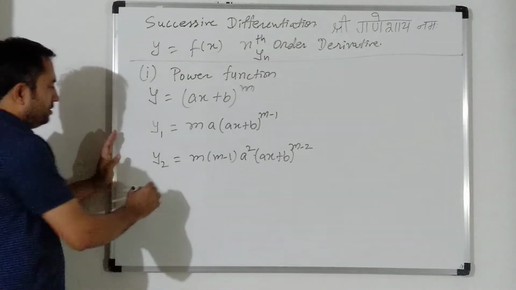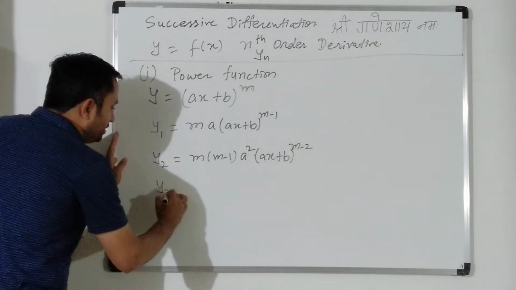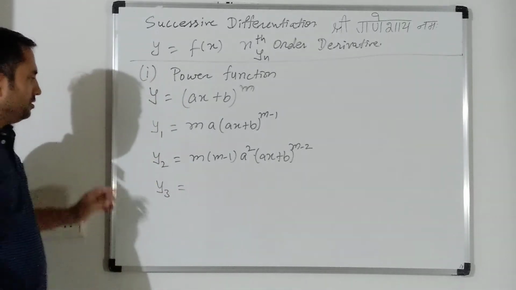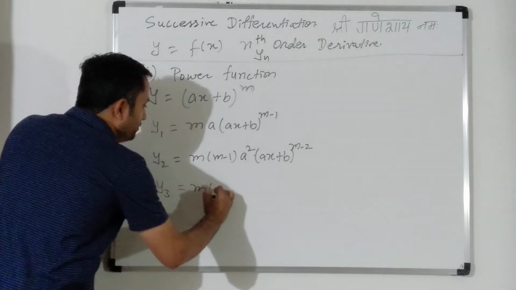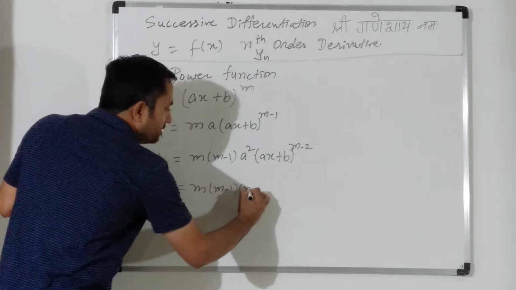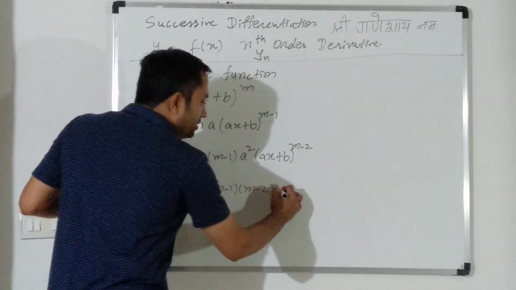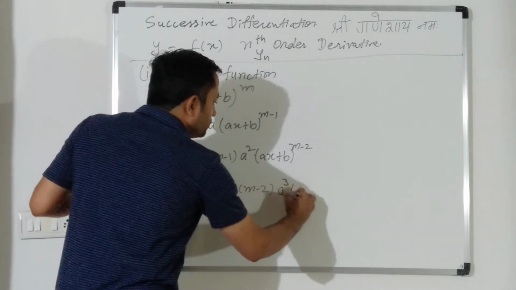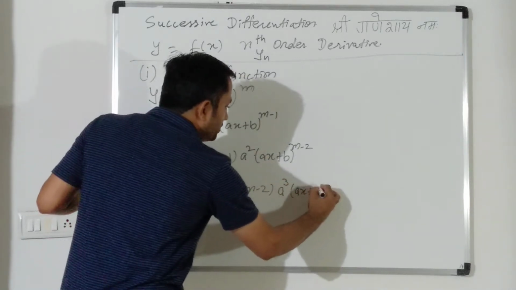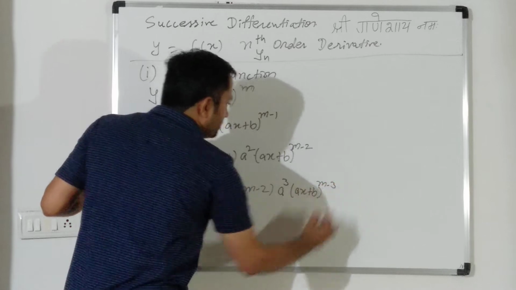Now the third time we differentiate, it will be m, m minus 1, m minus 2, and again an a comes out, a cube, (ax plus b) to the power m minus 3.